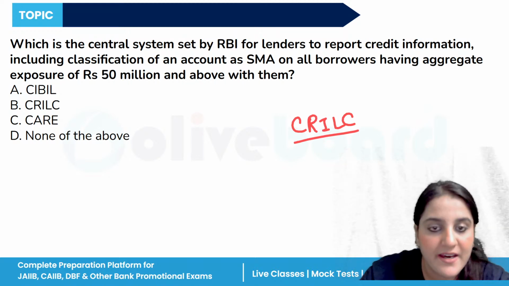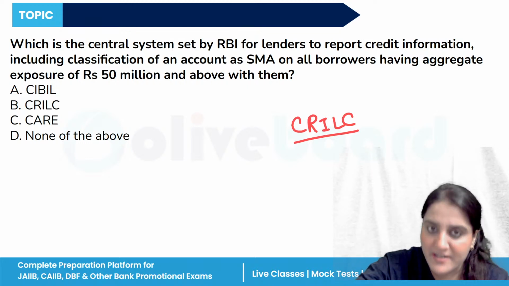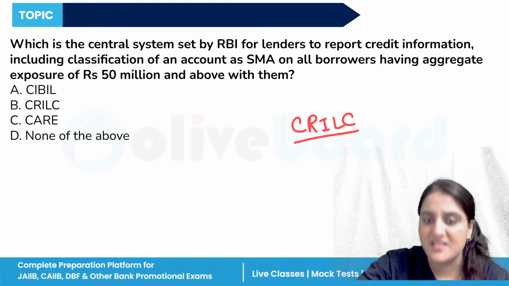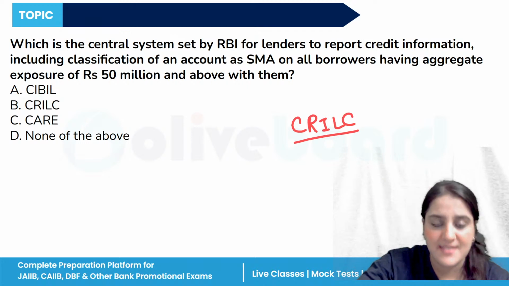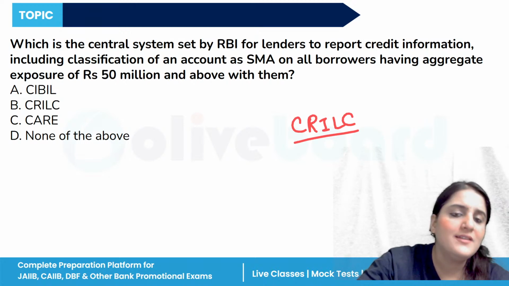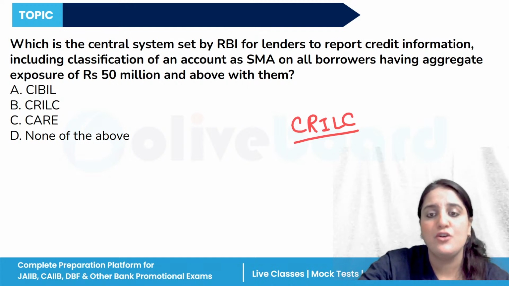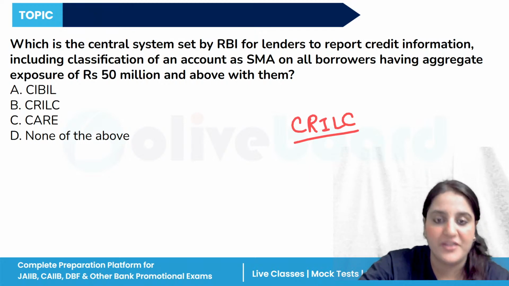Banks are also required to report credit information, including the classification of an account as SMA, to CRILC on all their borrowers having aggregate fund-based and non-fund-based exposure of rupees 50 million and above with them.